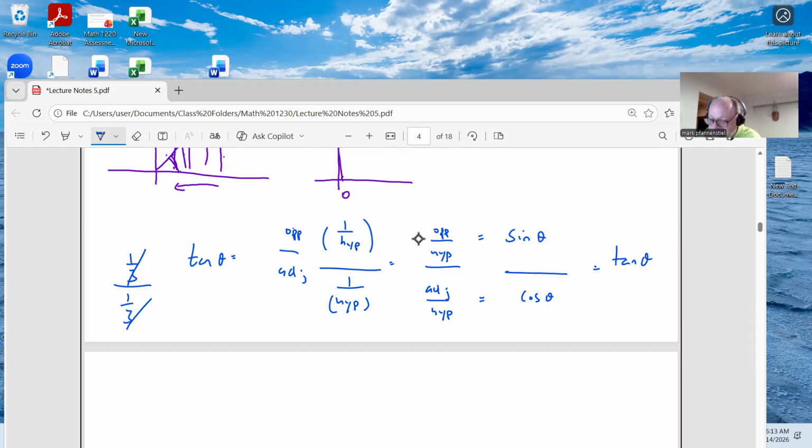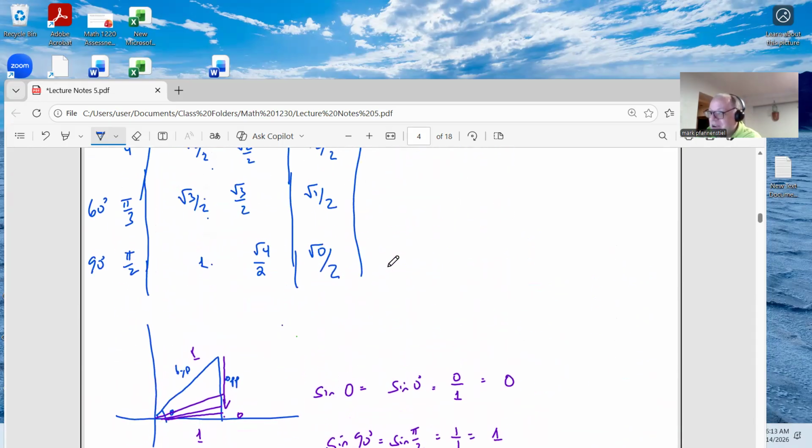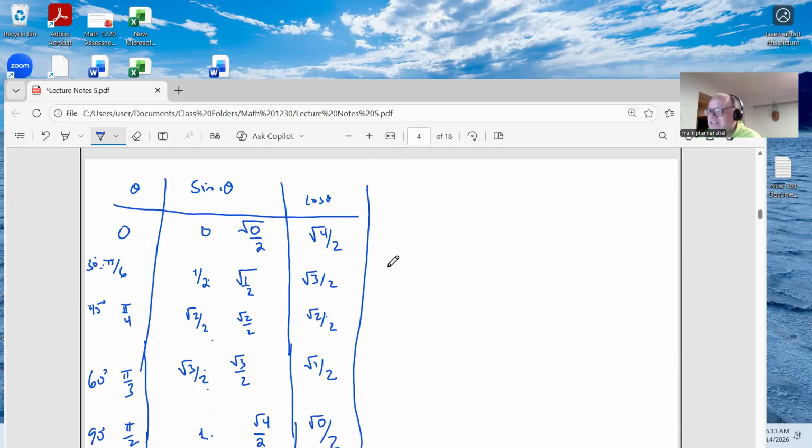That is a relationship that you're going to have to memorize. There's a couple of things you have to memorize, but that's one of those things because it comes up over and over and over again, and we're going to use that right here because we're going to say sine divided by cosine. We have 0 divided by 1. Well, 0 divided by 1, that's just 0. So the tangent of this angle is 0.